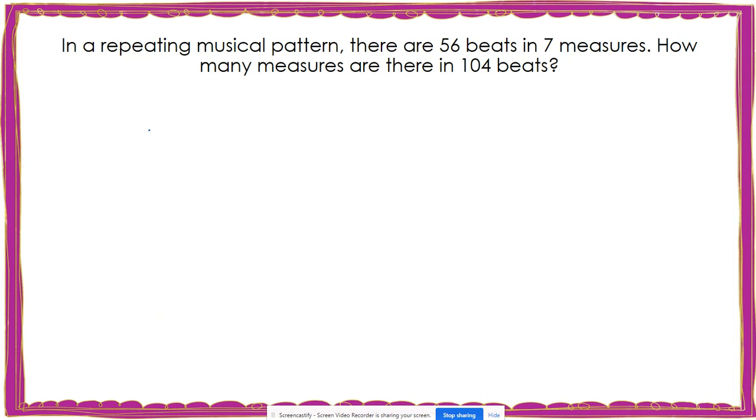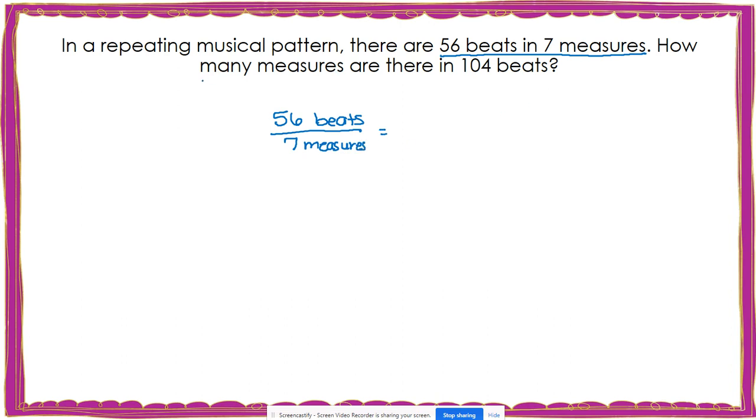In a repeating musical pattern, there are 56 beats in 7 measures. How many measures are there in 104 beats? So let's start with what we know. We know that there are 56 beats in 7 measures, so we can make a ratio out of that to show 56 beats for every 7 measures.